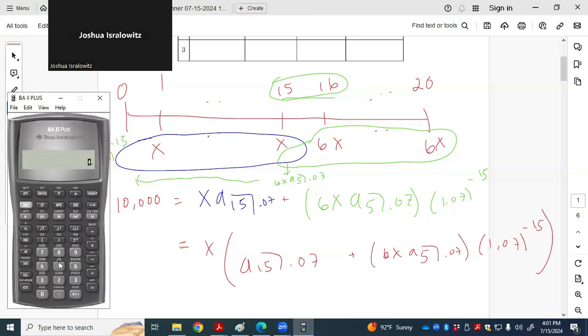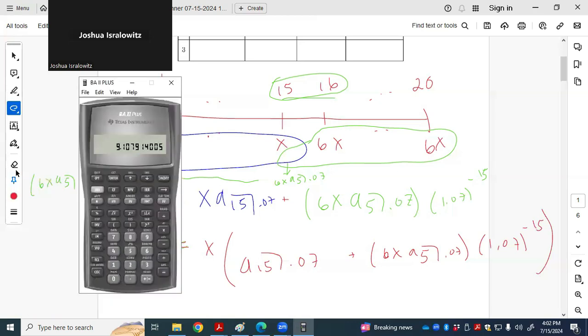I'm in annuity immediate mode, 15 N, 7 interest, nothing in front of the A, so 1 payment, compute present value, store it in the 1 spot. All right, so I'll just do 1 in front of the A5. You can do 6 if you want, it's up to you. Maybe it's a little easier to do 6.